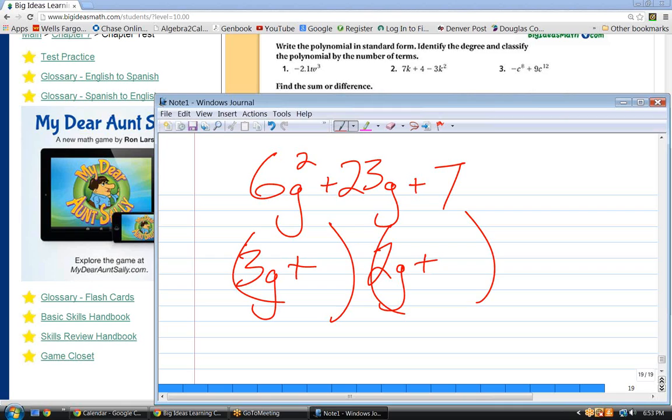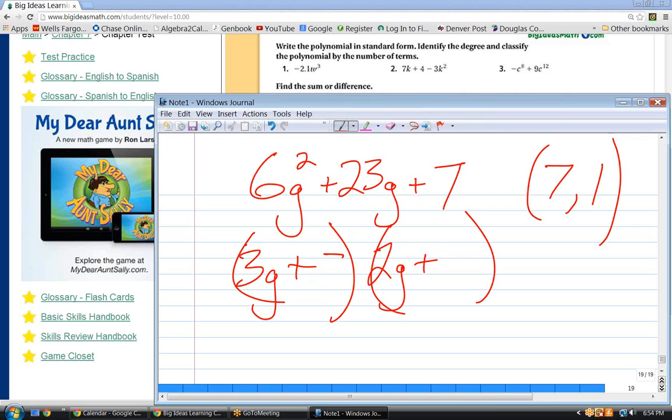Now remember, you can't use those rules. You can't say factors of 7 that add to 23. They no longer apply when I've got coefficients in front here. You're going to have to use a little bit of trial and error here. There's only one set of factors for 7. So you can only put a 7 here and a 1 there, or a 1 here and a 7 there.